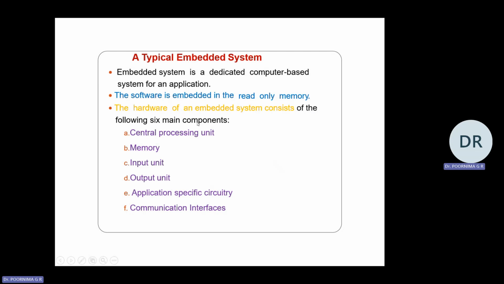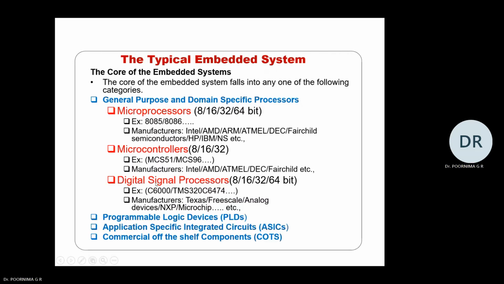The hardware of an embedded system consists of 6 different components: central processing unit, memory, input device, output device, application specific circuitry, and communication interfaces.